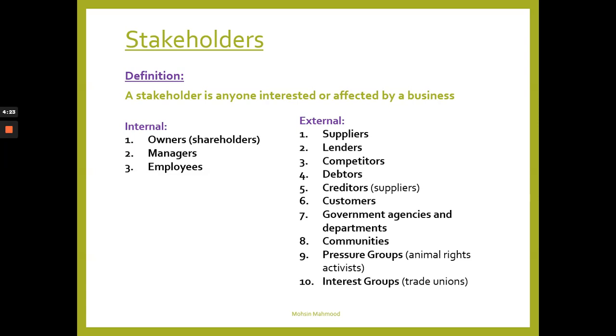Okay, you've got interest groups as well. Interest groups are groups that have an interest in a business. An example can be trade unions. And a trade union is an organization that looks out for the interests of its employees, usually, so the workers in a business.